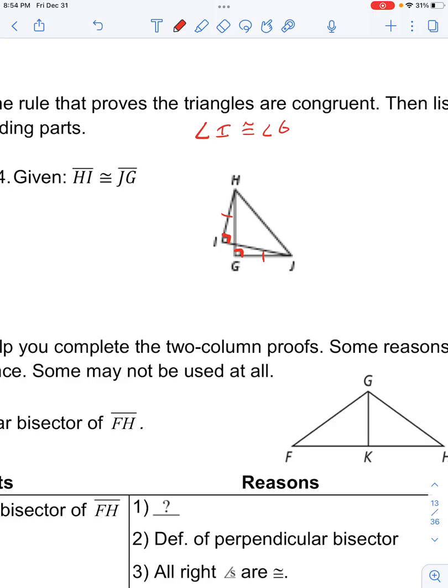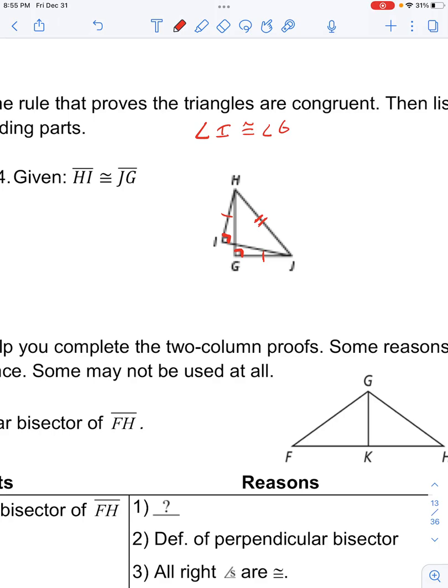And also we have this shared side, HJ, which would be congruent to JH because of the reflexive property of congruence. So here we have the hypotenuse of one triangle, which would be HJ, is congruent to the hypotenuse of the other right triangle.